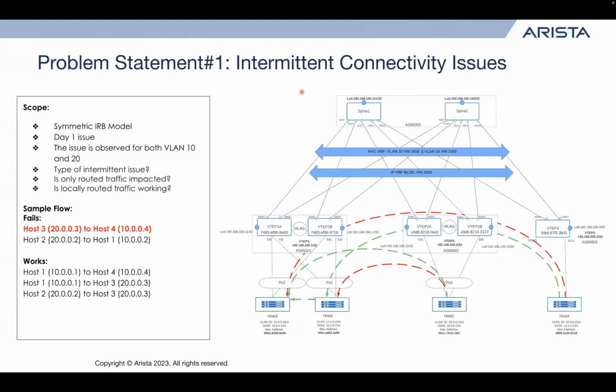So, after getting some more information, I have found a little bit more about the topology. This is a symmetric IRB topology where VLAN 10 and 20 are part of IP VRF Blue, which is extended into EVPN. All the VTEPs are functioning as the default gateway for their locally connected hosts, and all of the locally connected hosts can be either part of VLAN 10 or part of VLAN 20.